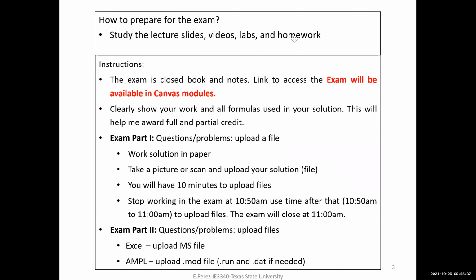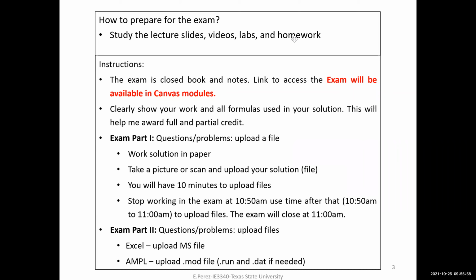Any other question? I'll be sending an email today to remind everybody about the exam on Wednesday. I want to make sure that everybody's aware of the instructions, and I will attach this file so you get a reminder.